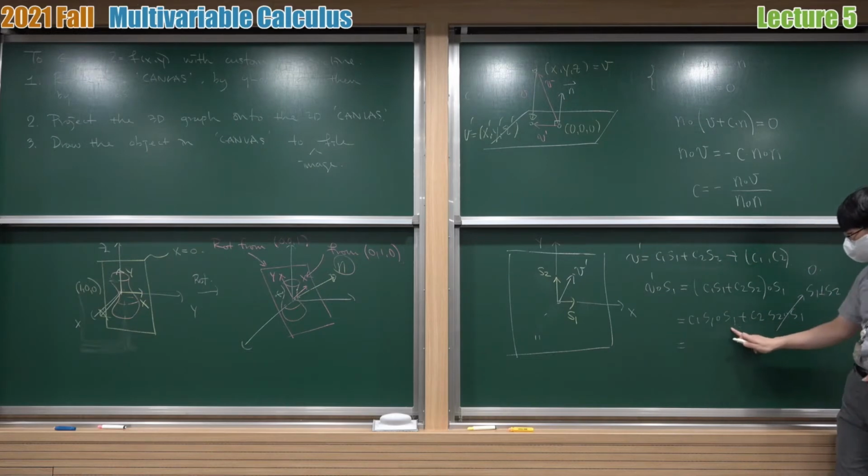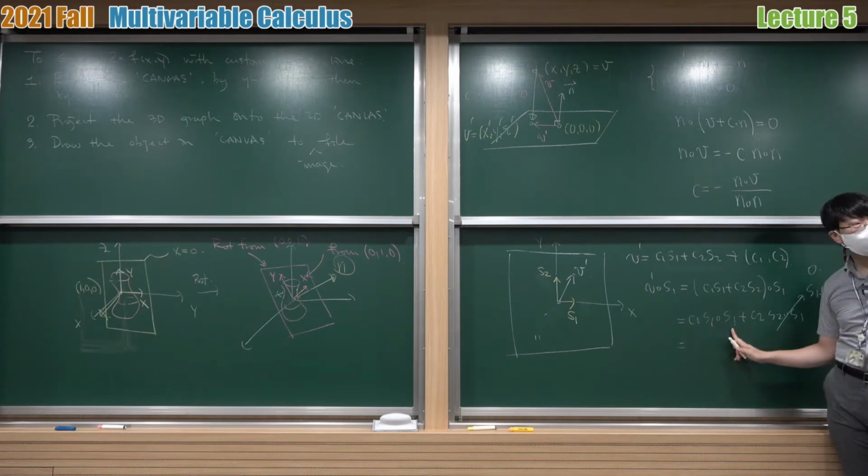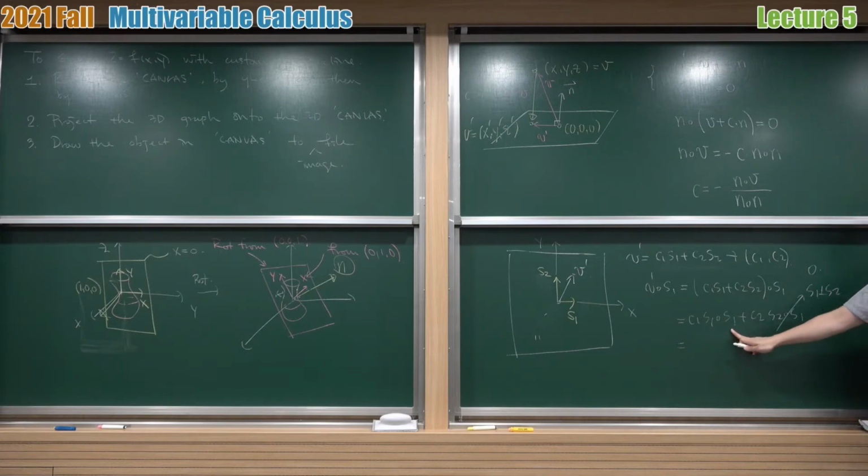And what's the inner product of S1 and S1 itself? The square of the norm. Yes, exactly, the square of the norm.